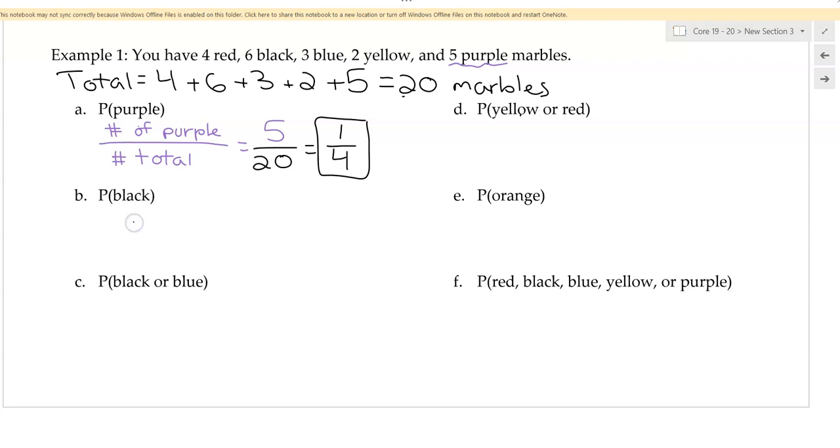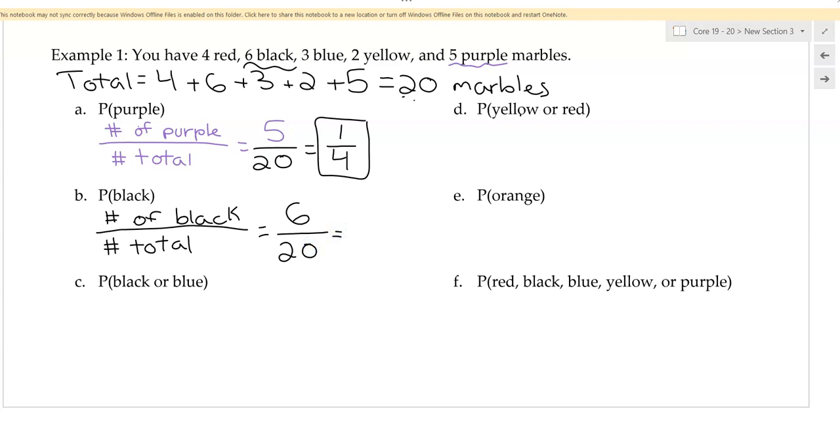We'll go down to letter B, the probability of black. Same idea. We're going to have the number of black marbles over the number total. We have 6 black marbles over, again, our total is still 20 marbles.